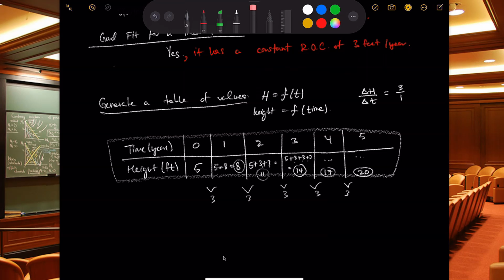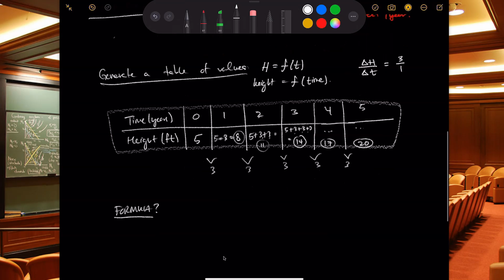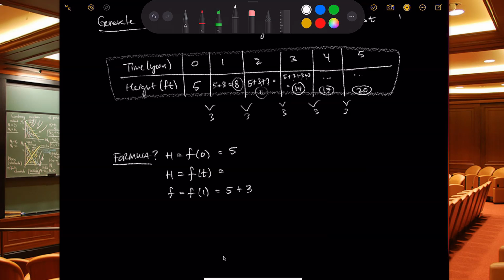Now, how would we write this based on an input-output relationship? Well, H needs to be a rule based on T. And so what's really happening? Well, H equals f of 0 was just 5. H equals f of 1 was 5 plus 3. Oh, I changed that here.